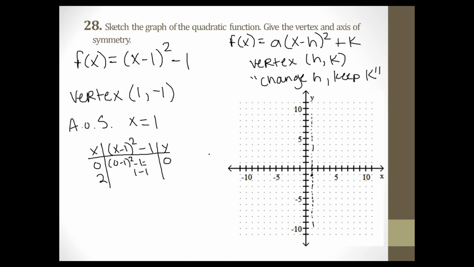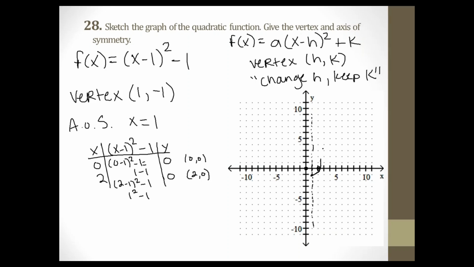These are my y values. And then I have 2 minus 1 squared minus 1. 2 minus 1 is 1 squared minus 1, so that equals 0 as well. So when x is 0, y is 0. That's one point there. And when x is 2, y is 0. That's another point here.